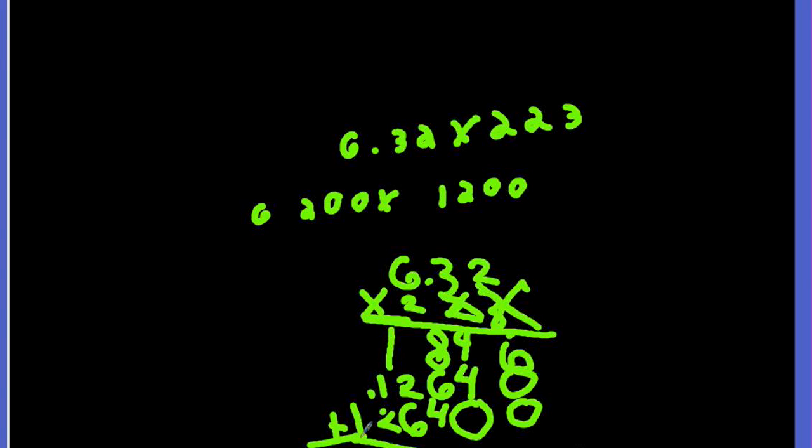Okay. 6 plus nothing is 6. 9 plus 4 plus nothing is 13. Carry the extra 1 to the next place to the left. 8 plus 6 plus 4 equals 19.